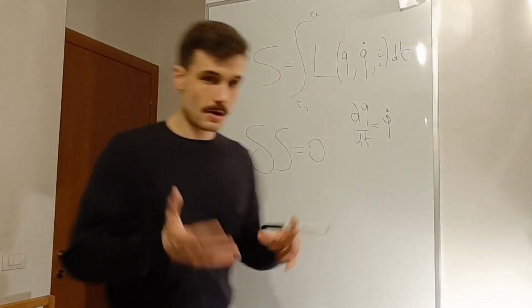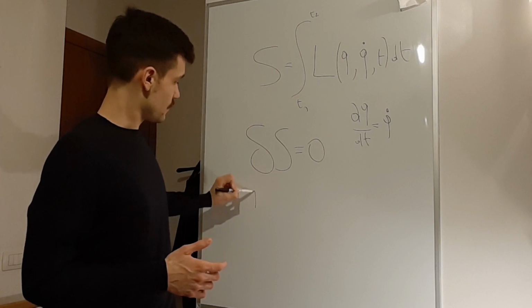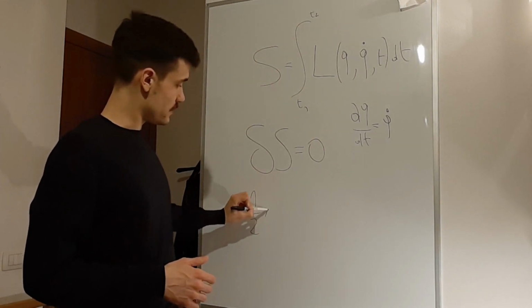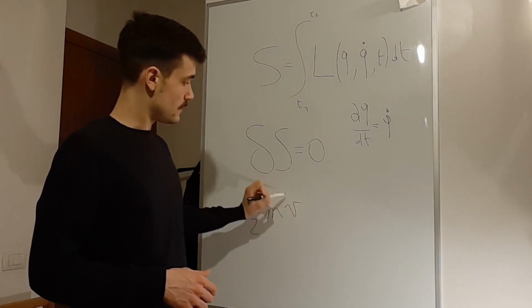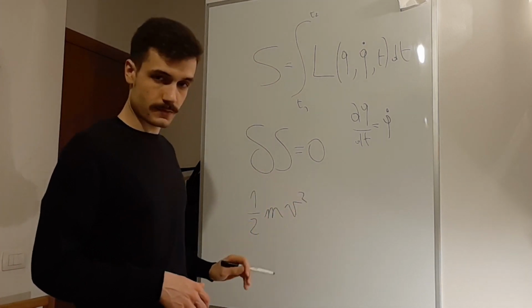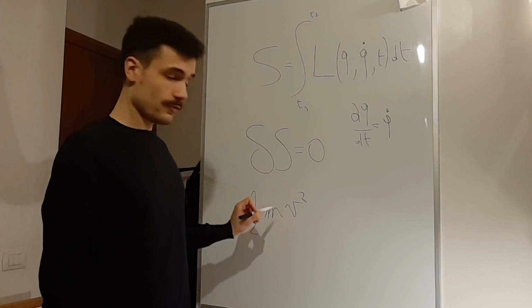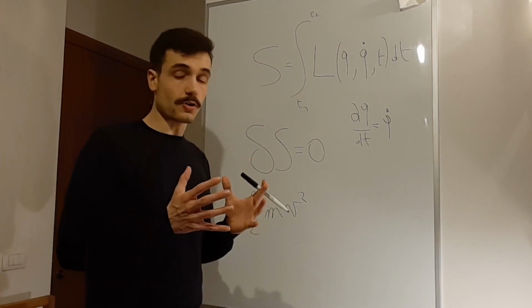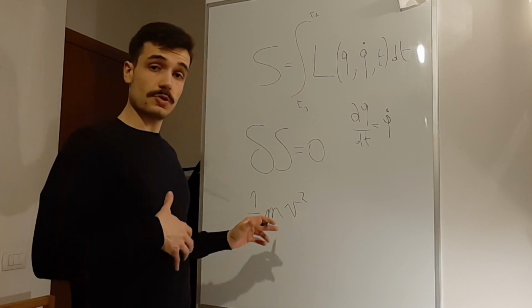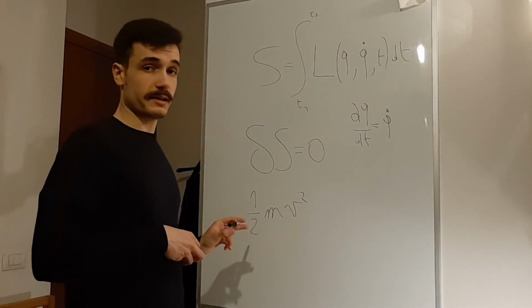For example, kinetic energy in Cartesian coordinates is 1/2 mass times the square of the velocity. But if you try to do it in, for example, spherical coordinates, this equation won't be the kinetic energy anymore.